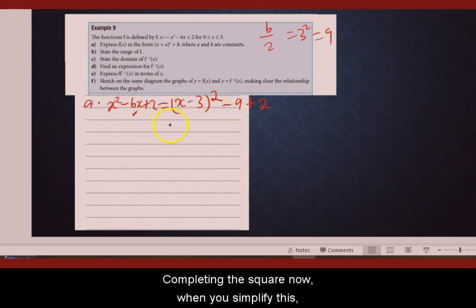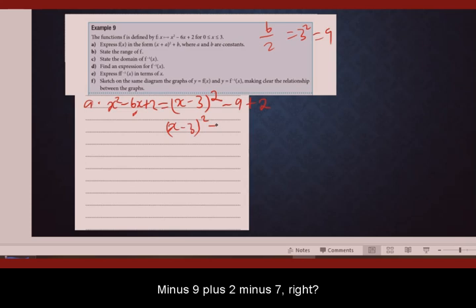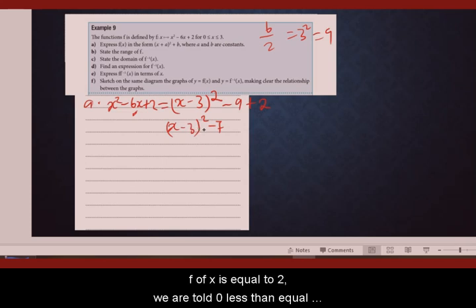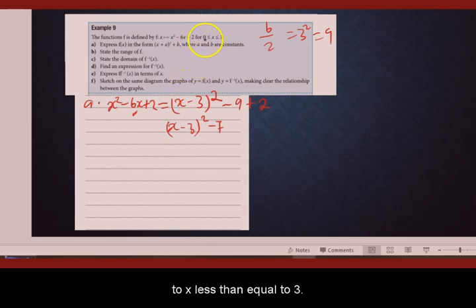Now when you simplify this, you are going to get x minus 3 squared minus 9 plus 2, minus 7. Now, when x is equal to 0, f of x is equal to 2. We were told 0 is less than or equal to x, less than or equal to 3.